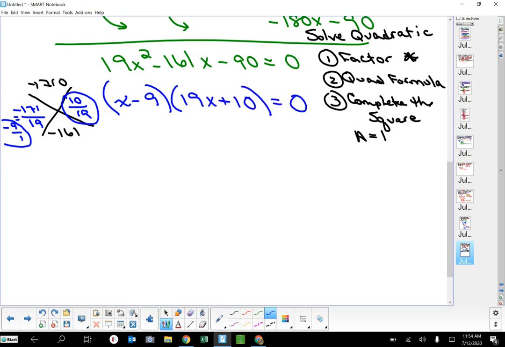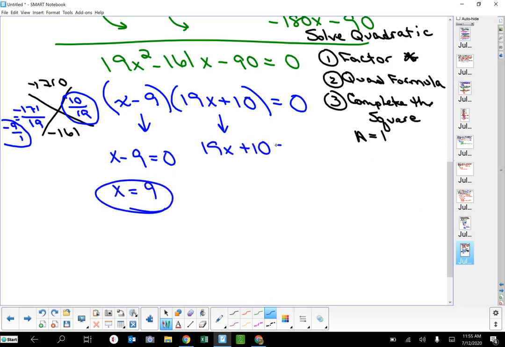equals 0. And then we're going to set each factor equal to 0 and solve. So those are our two values of x.